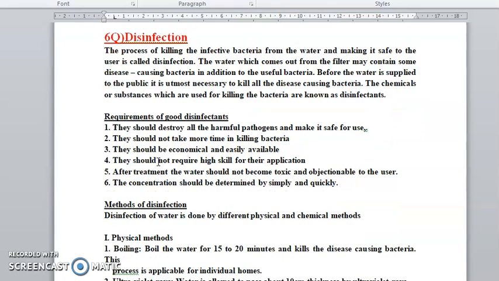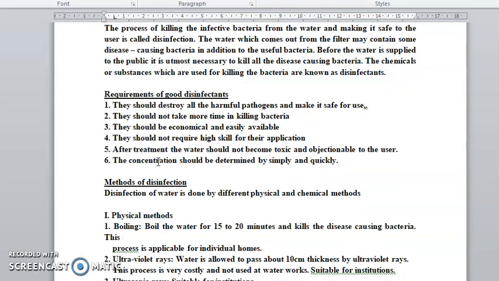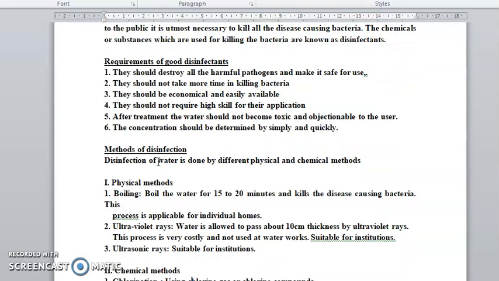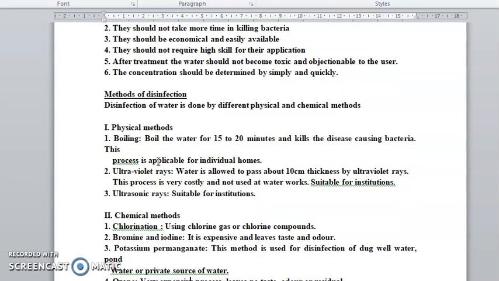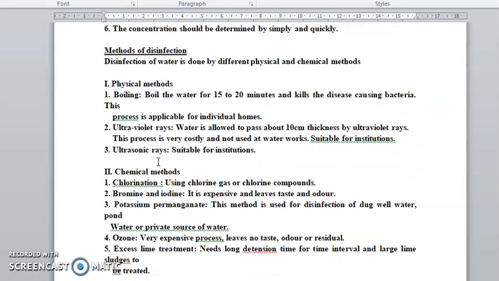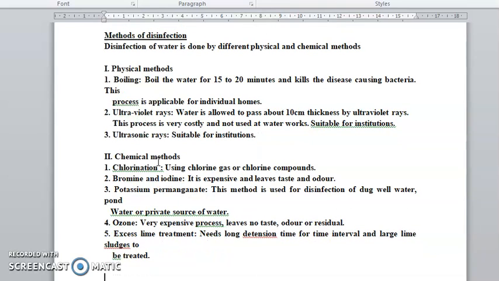Now methods of disinfection. Okay, there are different physical and chemical methods. First we go for the physical methods. First one is boiling. Boil the water for 15 to 20 minutes to kill the disease-causing bacteria.